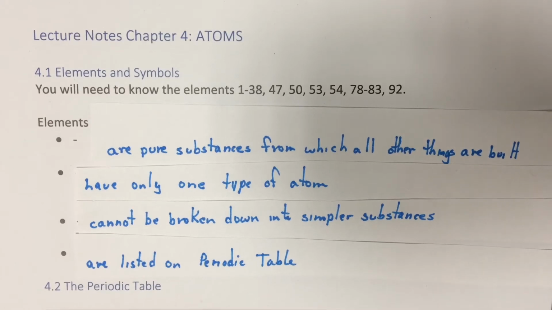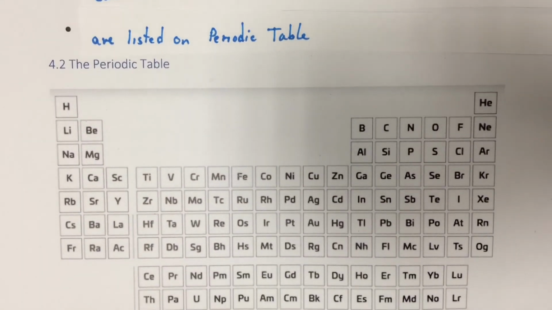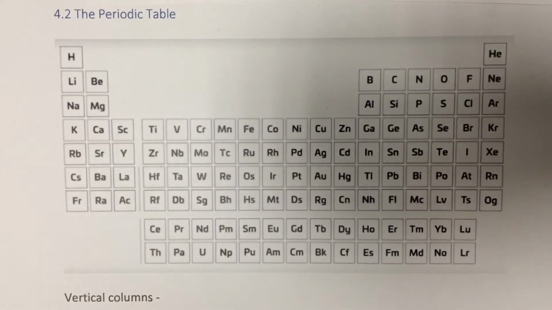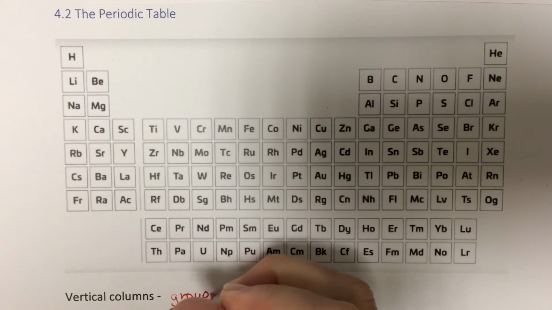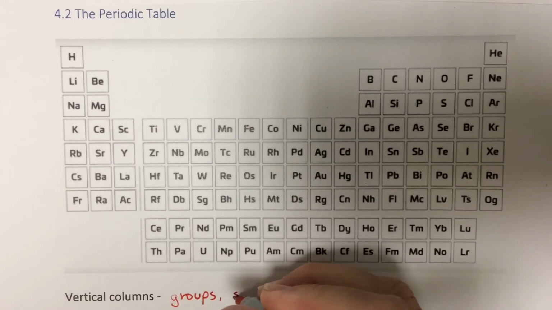So we're going to be talking a lot about the periodic table. And here it is. The vertical columns, the up and down part, we call those groups, and they contain elements with similar characteristics.